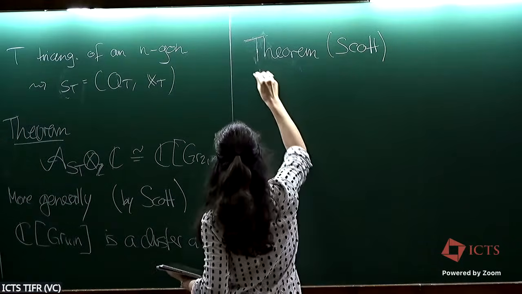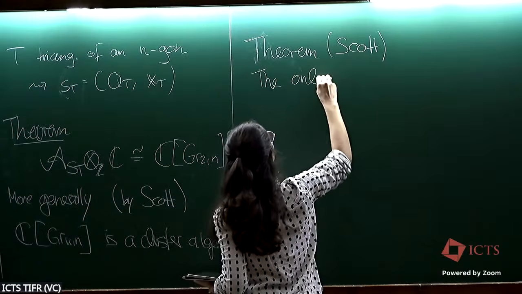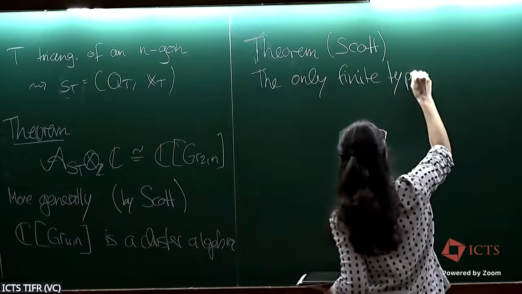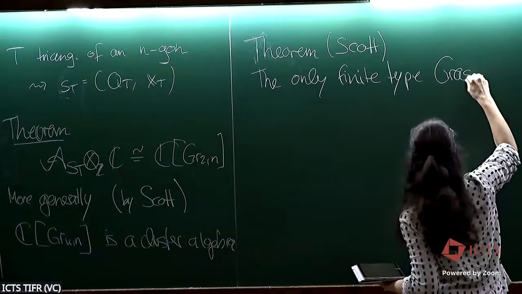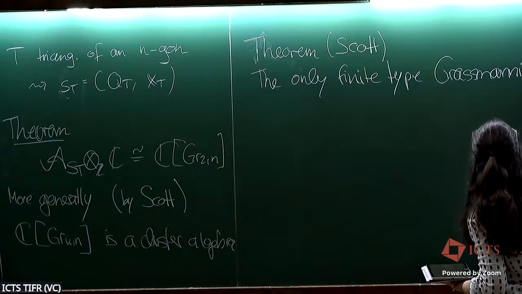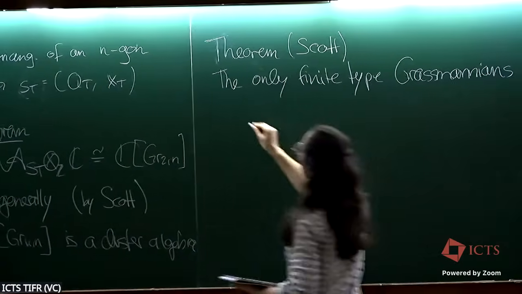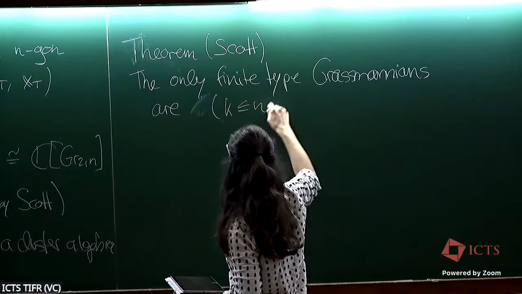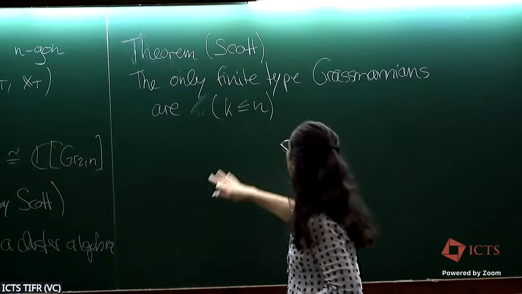So the only finite type Grassmannians are the following. And I assume here that k is less or equal to n, and that's double the notation.